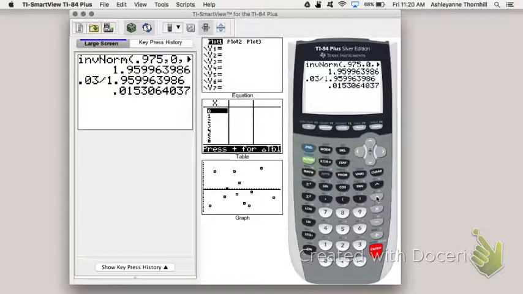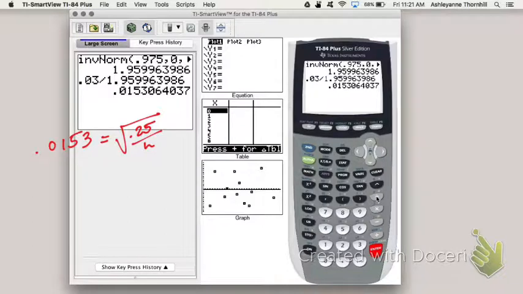When you're showing your steps, you can round, but when you're actually doing it on the calculator, you want to keep all of the decimals. So 0.0153 equals the square root of 0.25 over N.